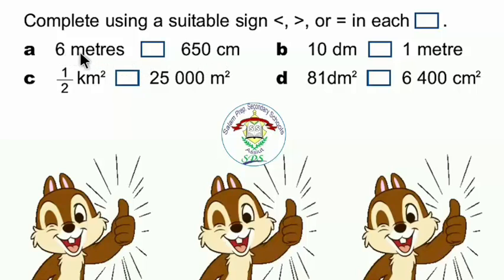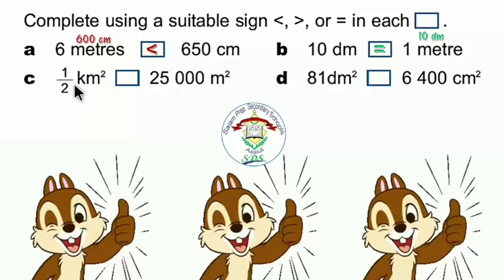So 6 meters equals 600 centimeters. The sign will be smaller than. The next one, 10 decimeters and 1 meter. We know 1 meter equals 10 decimeters. So the sign will be equal to.